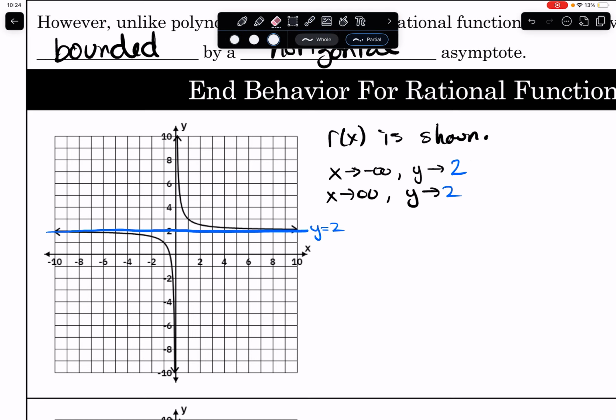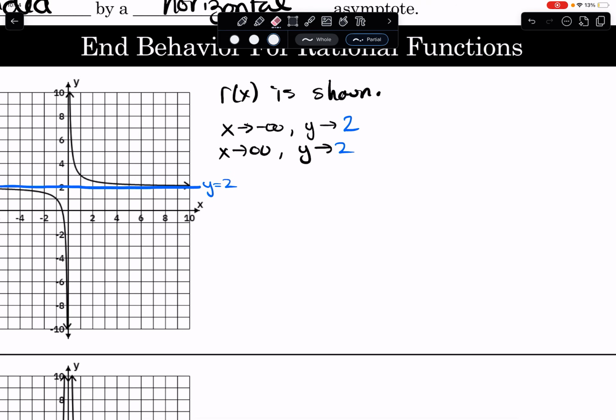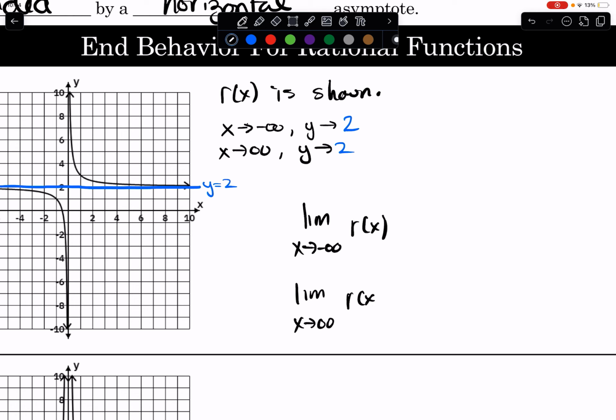by horizontal asymptotes, and the left and right hand behavior are simply getting closer and closer to this boundary line of 2. Now, to describe this using limit notation, we start again by writing the same values as before. So the limit as x approaches negative infinity means the left side, and the limit as x approaches positive infinity means the right side.